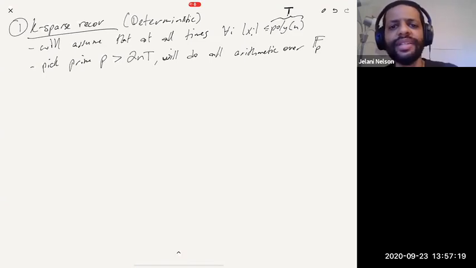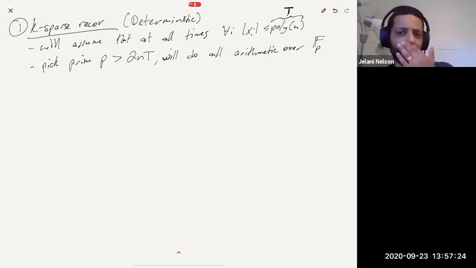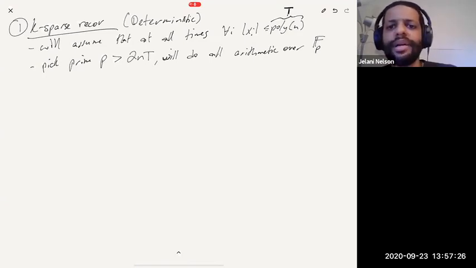So I'm going to be doing arithmetic, adding some of these numbers together. I'm going to have counters, and each number is at most T. There are at most n numbers that I'm going to add together in any counter.